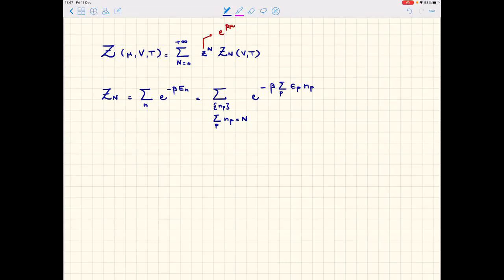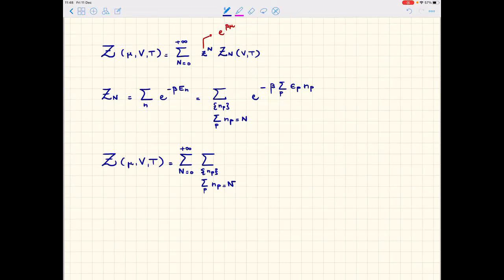Okay. So then the grand canonical partition function is going to be equal to the sum over n from 0 to plus infinity, sum over all possible strings n_p such that the sum over p of n_p is equal to n, of z to the n.